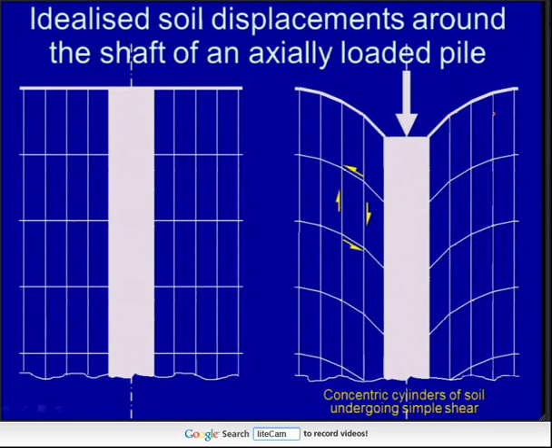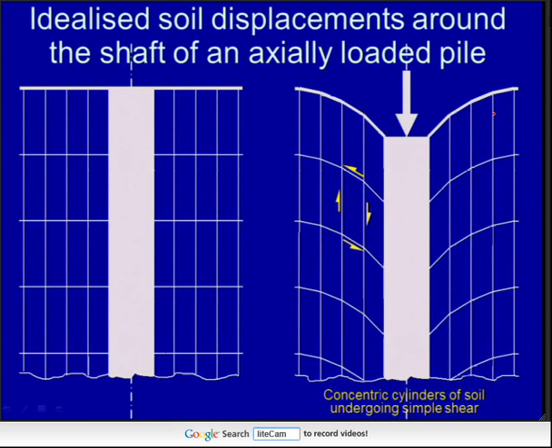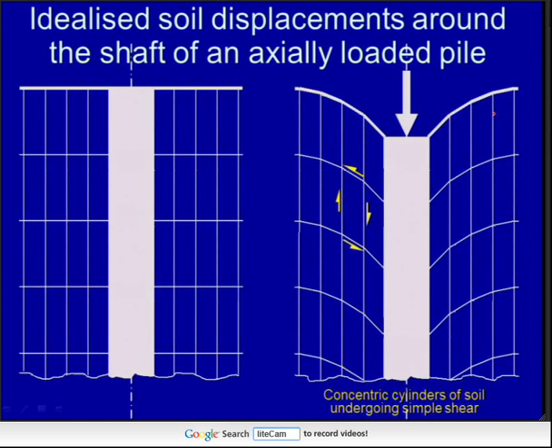When we look, and remember, this is a cross-section. So this here, if we look at it on this diagram here, is a concentric cylinder. So we've got a cylinder of soil running round, and this is the other half of it. So we're not seeing it in two dimensions, we're seeing it as part of a cylinder of soil.